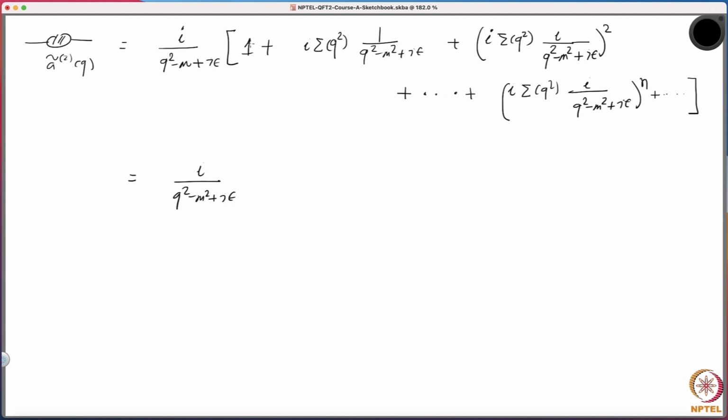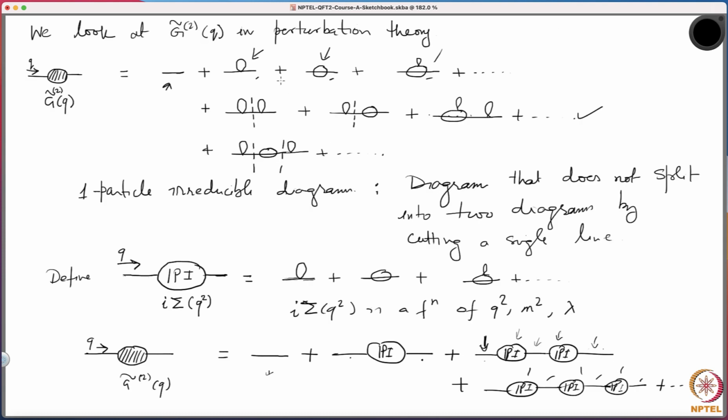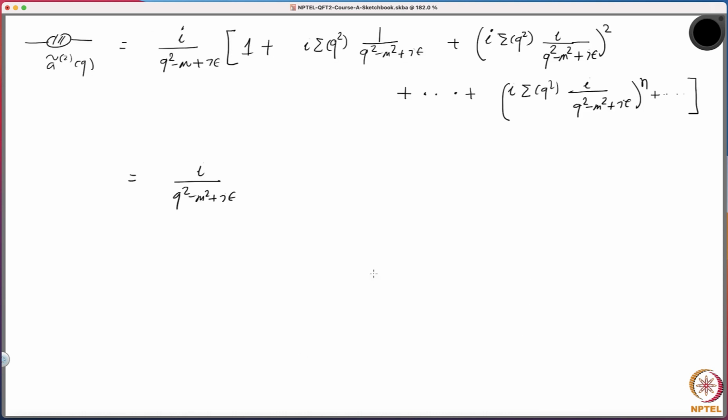So this has a form of 1 plus x square and so forth. Okay, remember sigma is a function of lambda, and actually it starts at order lambda because this is the first diagram and the diagram appears at order lambda. So sigma has a perturbative expansion, and the expansion starts at order lambda. Okay, and we are treating lambda to be small.